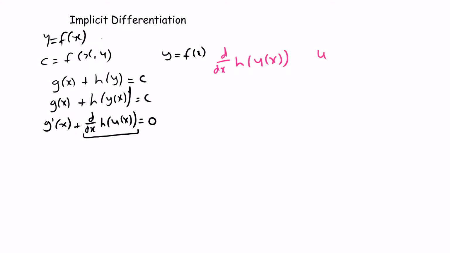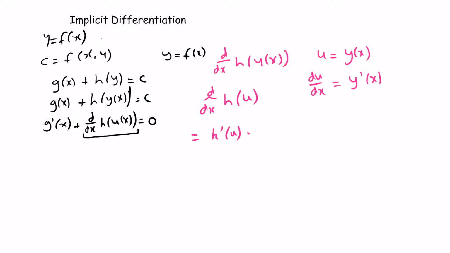So if we let u equal y of x, du by dx is equal to y prime of x, because it's just a function of x, and then d over dx of h of u is equal to the derivative of h with respect to u, which is h prime of u, times y prime of x, du by dx.